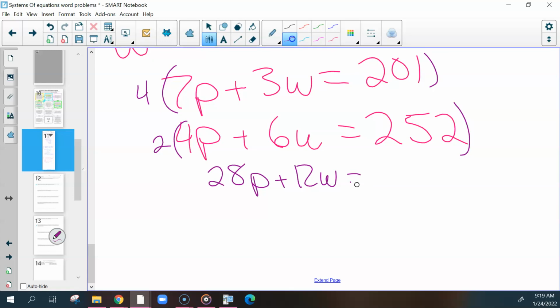Double check that. And then the second one, 8P plus 12W equals 504.